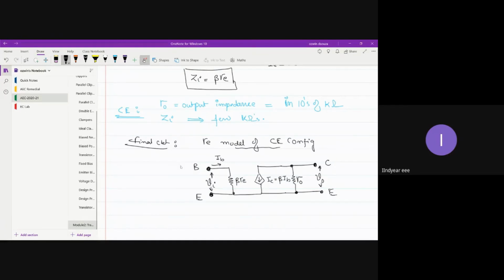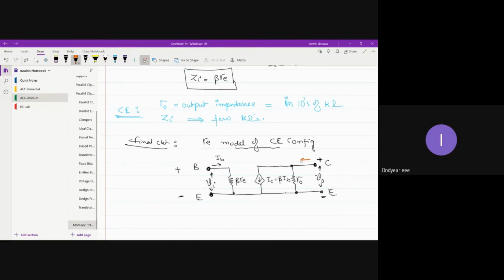This is where the input is applied, and this is where the output is observed. Base is at higher potential compared to emitter. Similarly, on the output side, collector will be at higher potential compared to the emitter. So this is your final circuit.